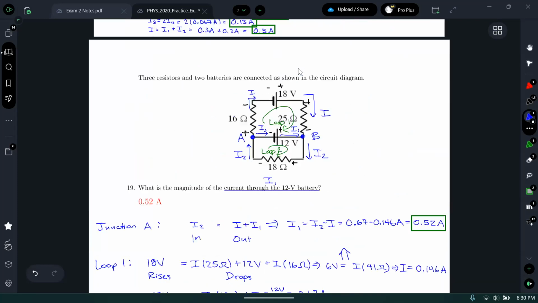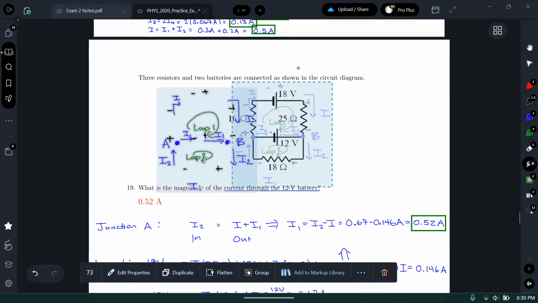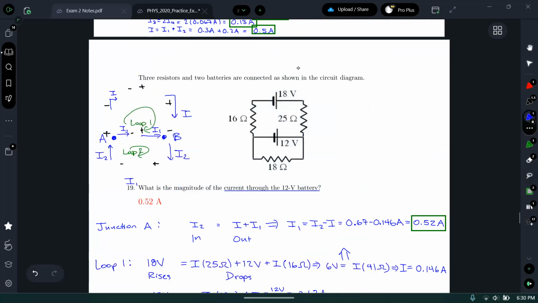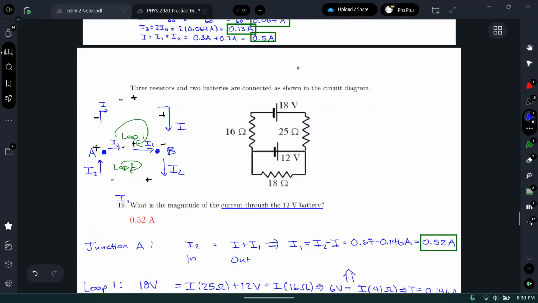Okay, so for this specific problem, I'm going to clear all this stuff off for a second so that we can see the naked circuit and how I would approach this as I'm first seeing it.